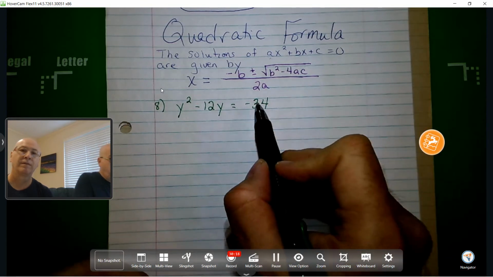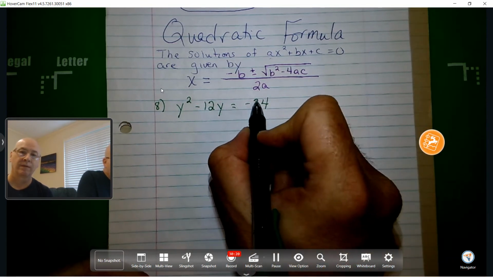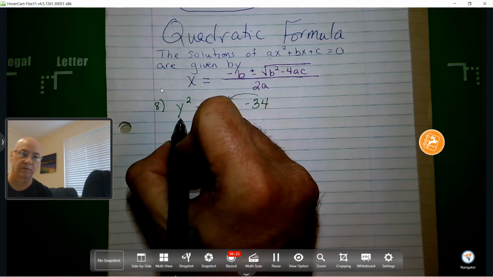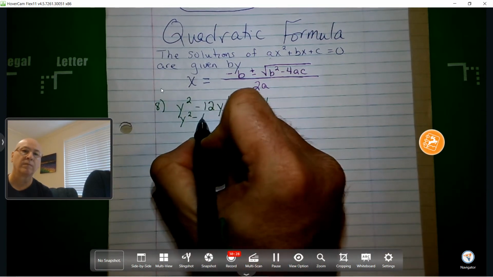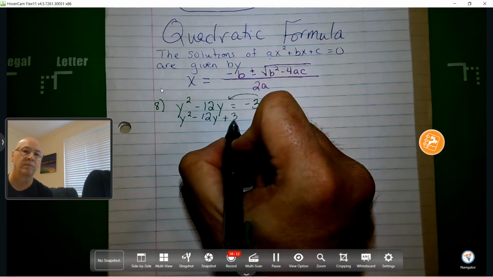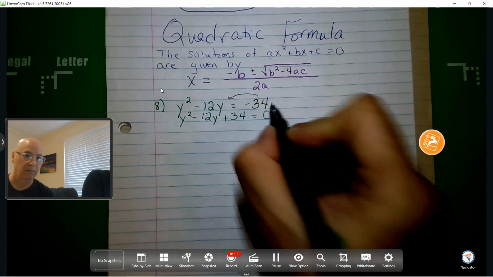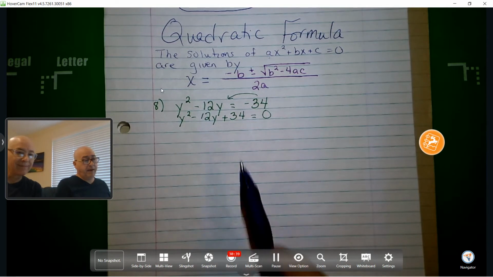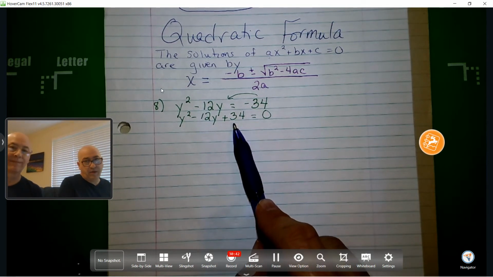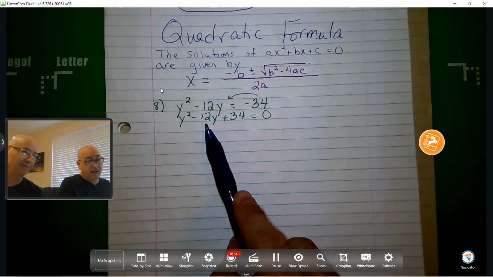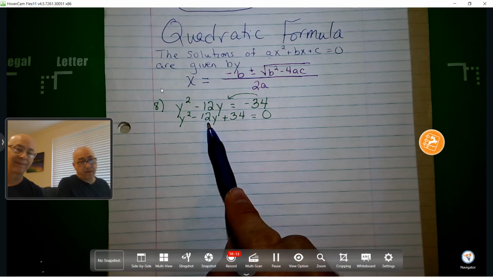And the way we'll get it written with a 0 is by adding 34 to both sides. Y squared minus 12y, and adding 34 to both sides, changes the minus 34 to a plus 34. See, think about it, you can't factor this. 1 times 34 and 2 times 17 are the only numbers that multiply together to give you 34, and none of them are going to get a 12 for the middle term.